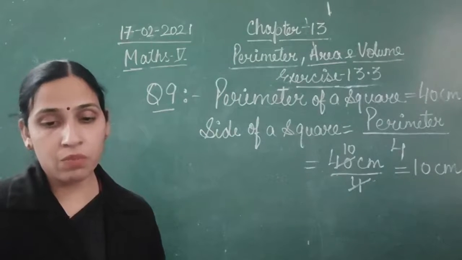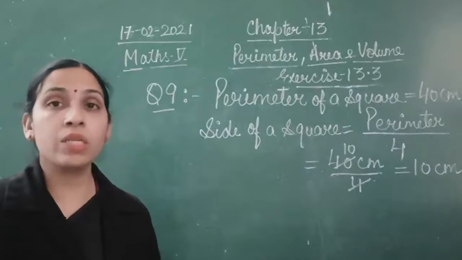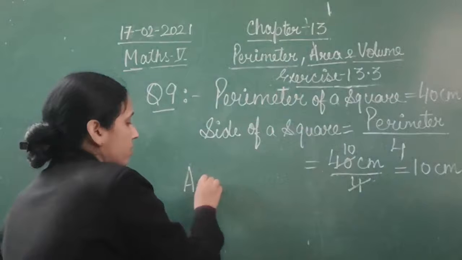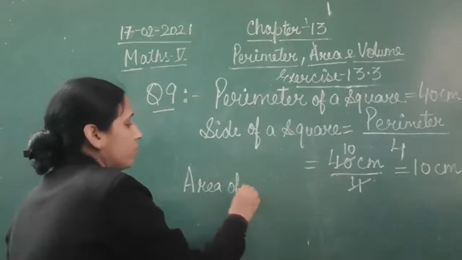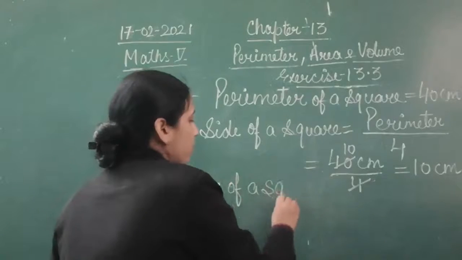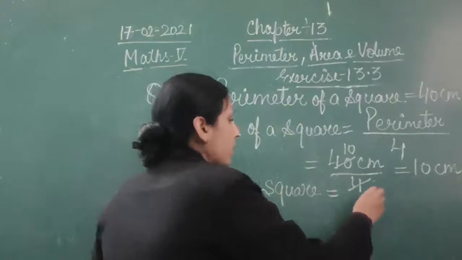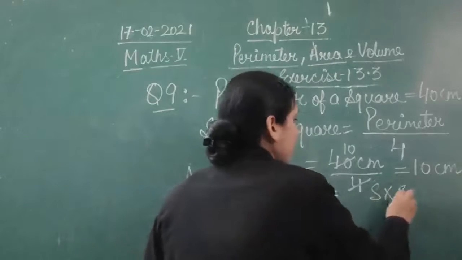Now what is the next formula, the area of a square? The area of a square is side multiplied by side.